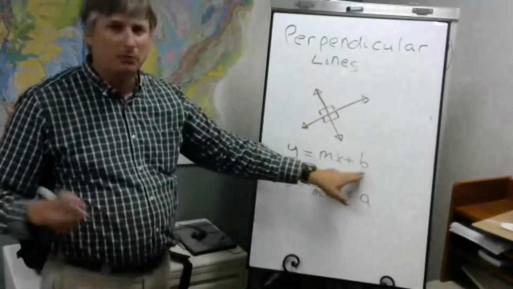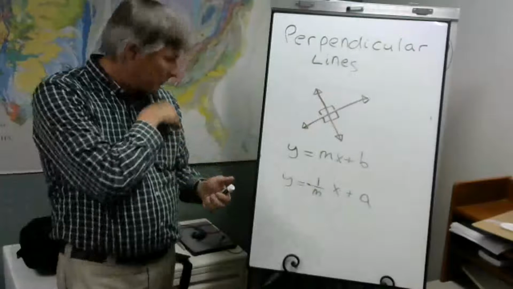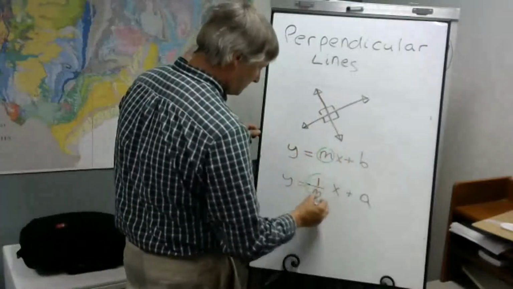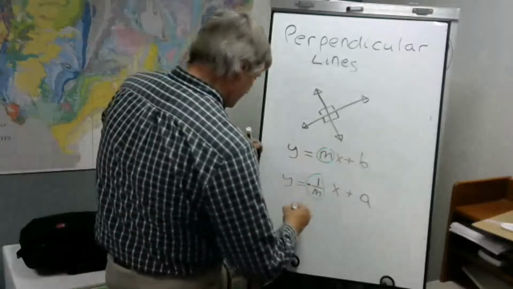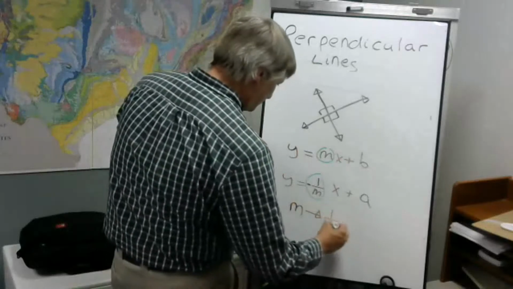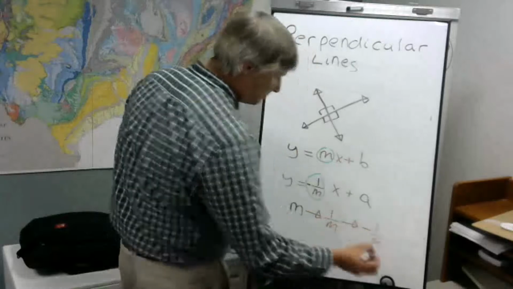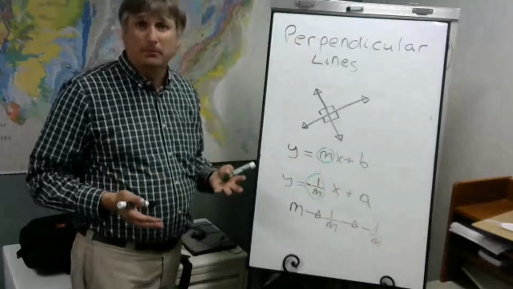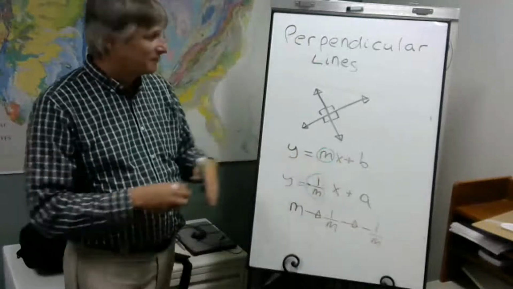But you could use b also, that would be fine. So the process is m goes to 1 over m, goes to negative 1 over m. And that gives you the slope for a line perpendicular to this line.